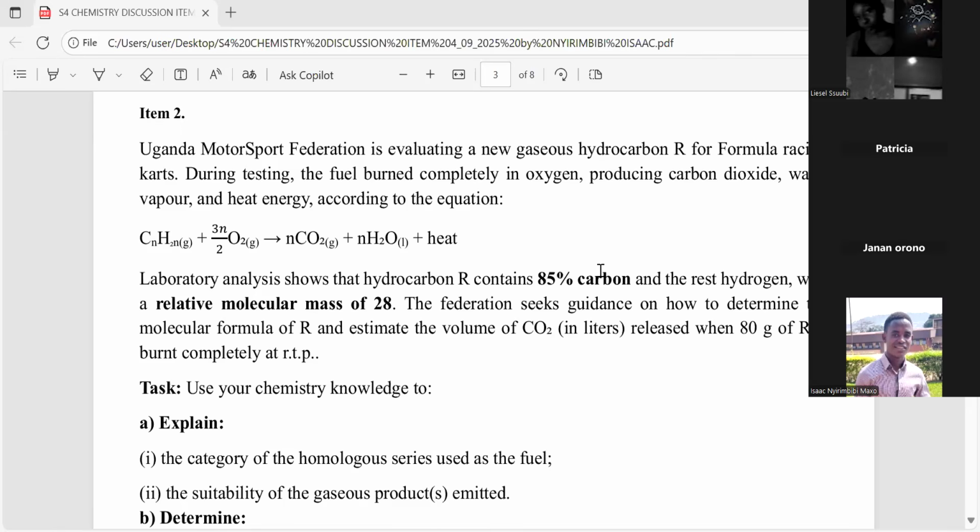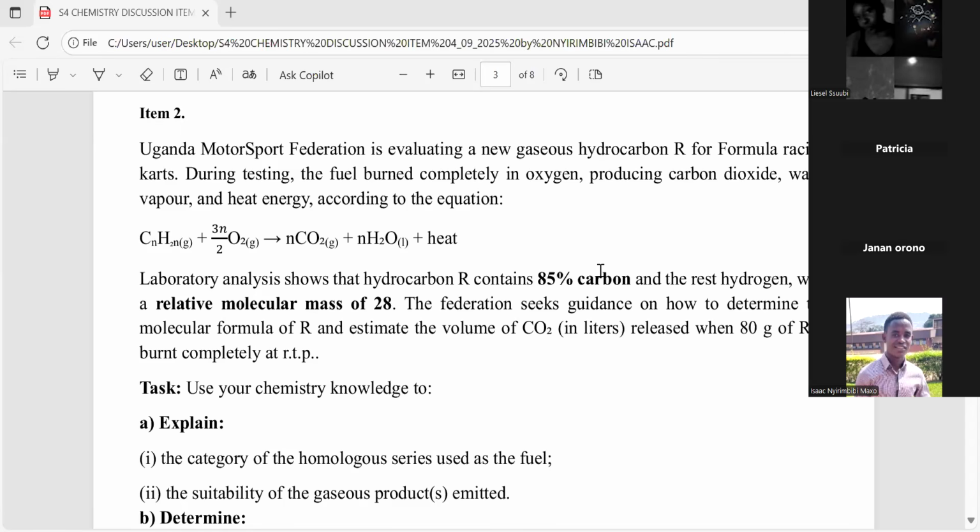The Federation seeks guidance on how to determine the molecular formula of R and estimate the volume of carbon dioxide in liters released when 80 grams of R is burned completely at room temperature.